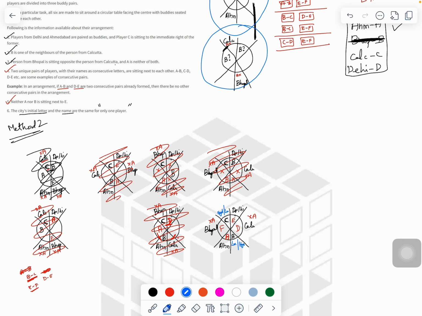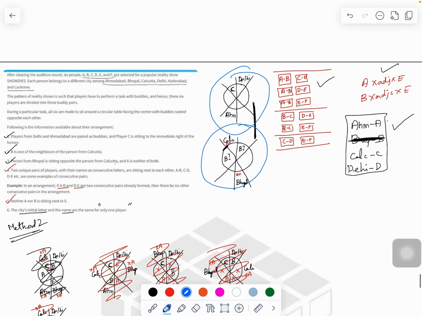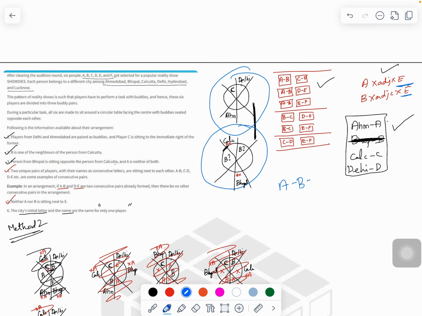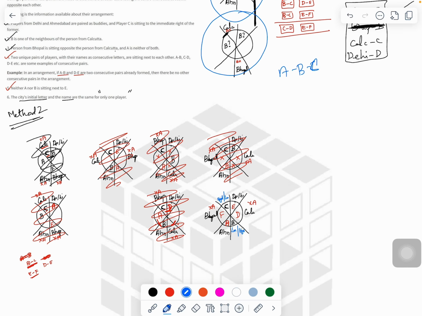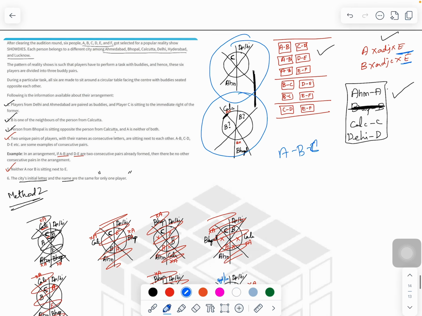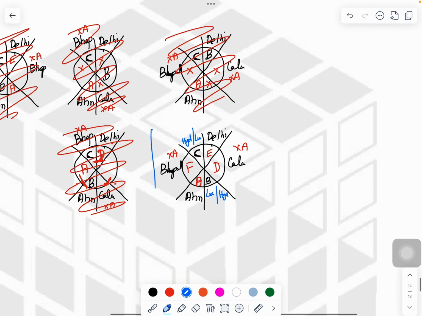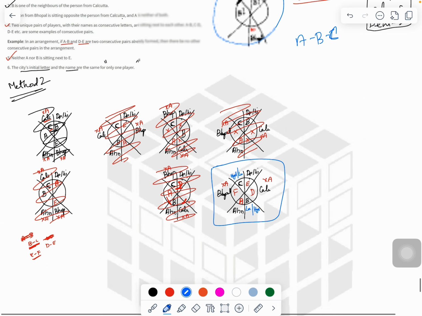Out of the 7 subcases, many things got eliminated either because E did not have place to sit, or AB and BC are together, or some other similar reason, and finally, satisfying all the conditions, just this one case with 2 subcases. These 2 cases are the only cases pending.